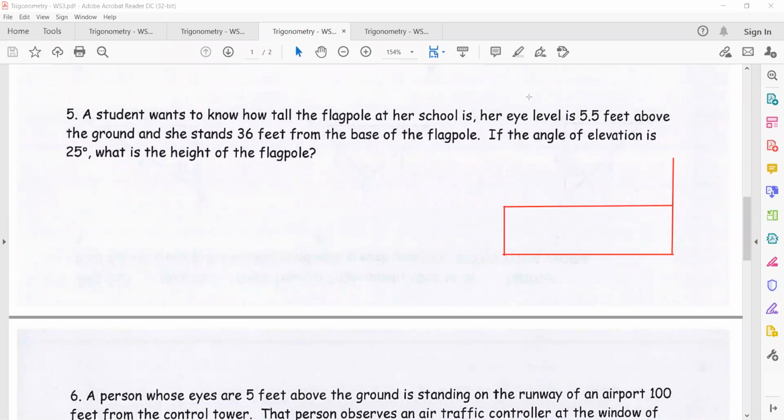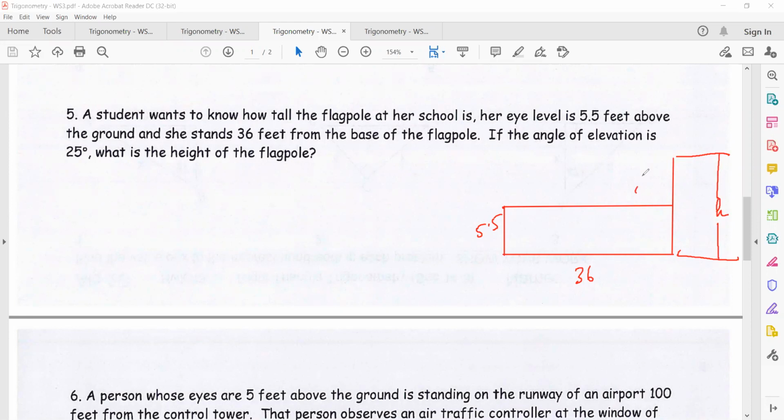I will explain why. The student's eye level here is 5.5 feet and she is standing 36 feet away. This is the total height you have to find. Suppose this is h.